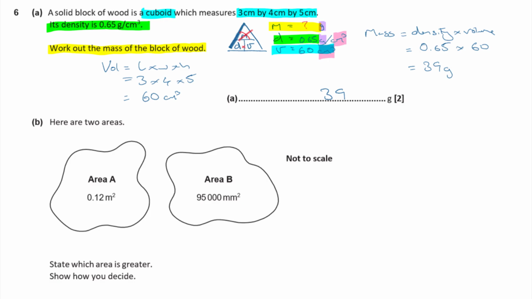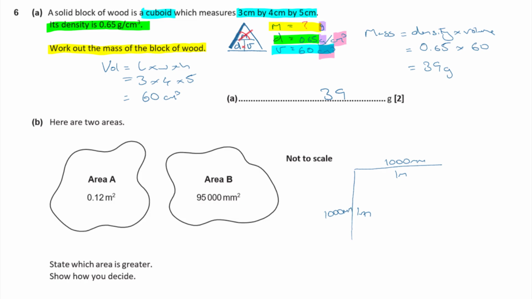Okay. Now, how many square millimeters are there in a square meter? Well, 1 meter is 1,000 millimeters, isn't it? But that doesn't mean I just multiply by 1,000, because that's just 1 meter and we're dealing in square meters. Another meter going in this direction is another 1,000 millimeters.